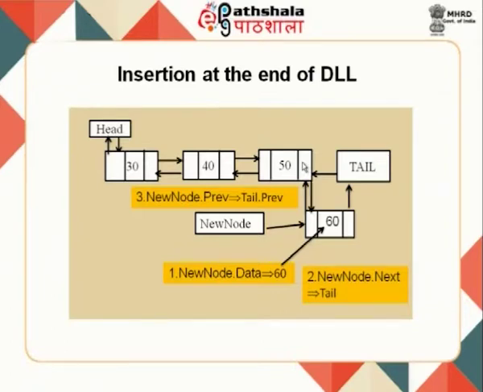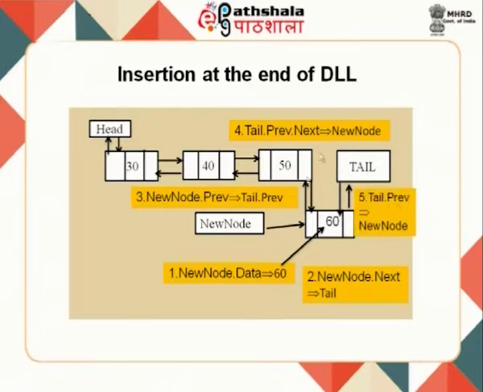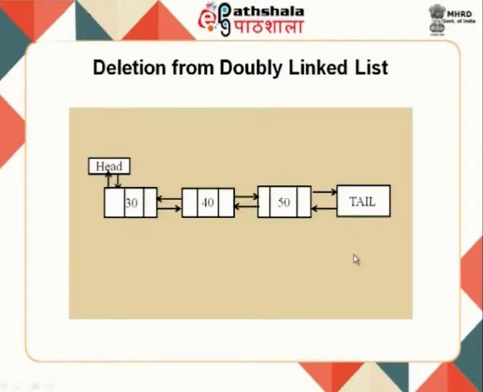Then you have tail dot previous dot next pointing to the new node, and then tail dot previous pointing to new node. So, this is the order in which you will have to do this.